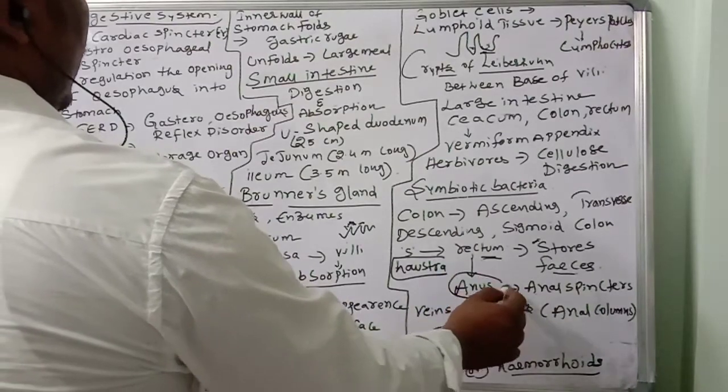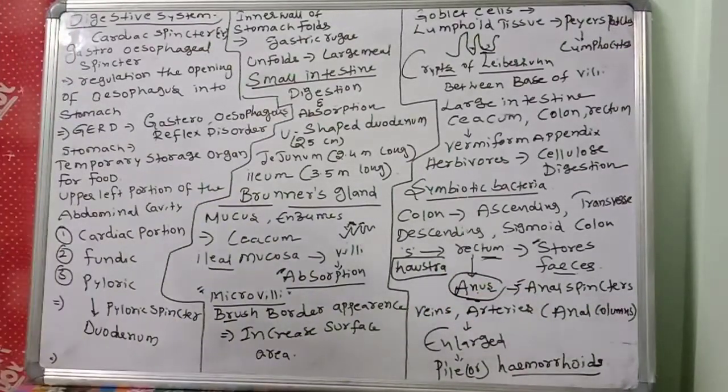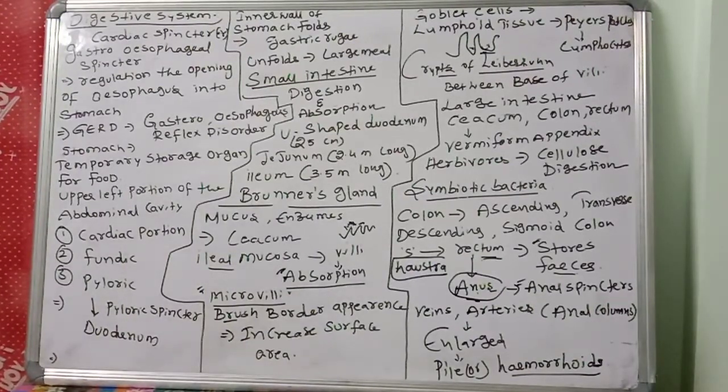The anus is guarded by two anal sphincters, the internal anal sphincter and the external anal sphincter. Veins and arteries are present on the anal columns.